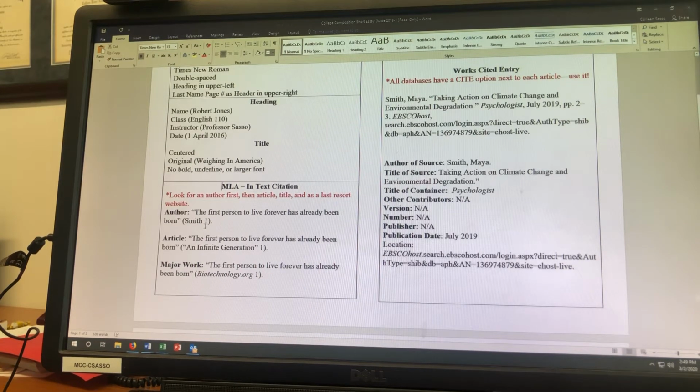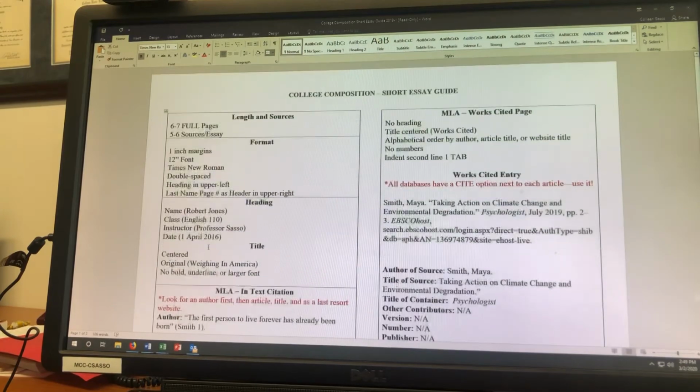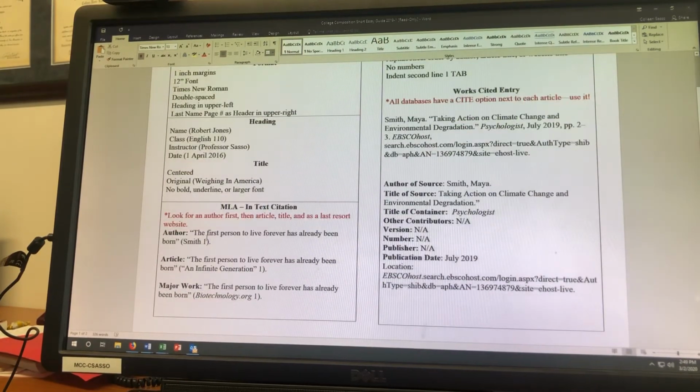And many of your sources are not going to have page numbers. So I often tell you to default to page 1, which doesn't mean it's your first source. It means that the information you're reading was on technically the first page, because you have a lot of things where you're scrolling through websites and you're not going to have multiple pages.